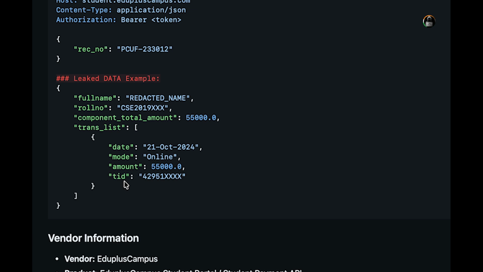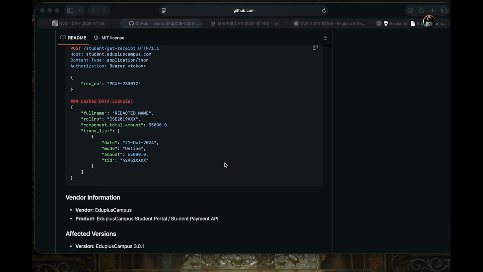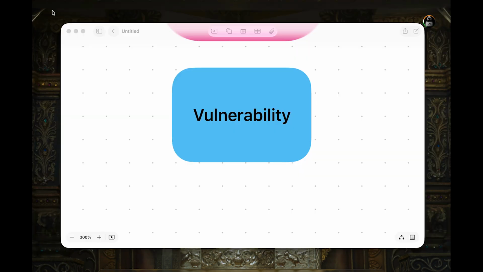This was a critical issue because in the frame of the CIA triad, it completely affected confidentiality. Of course, it did not affect integrity or availability, but it completely affected confidentiality. So what does it mean?